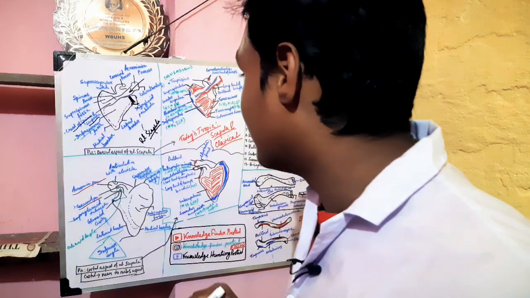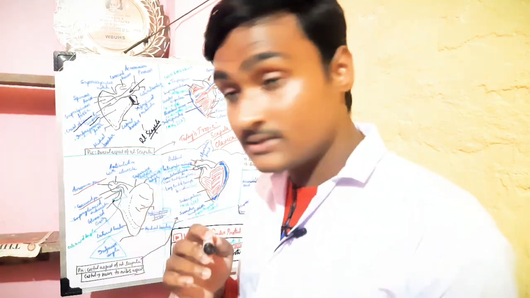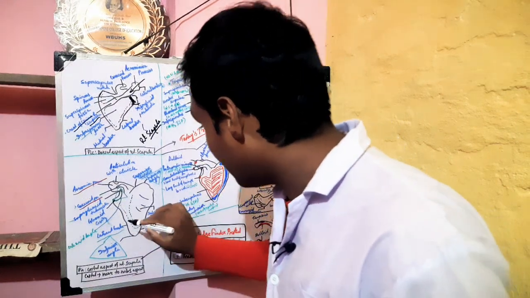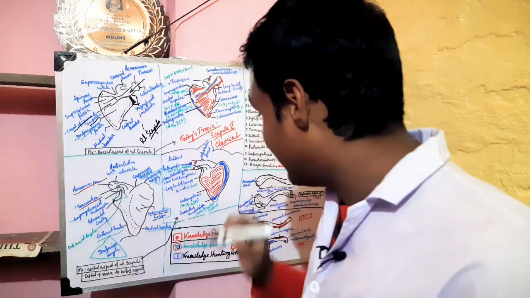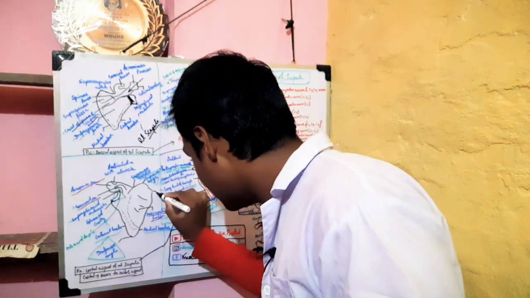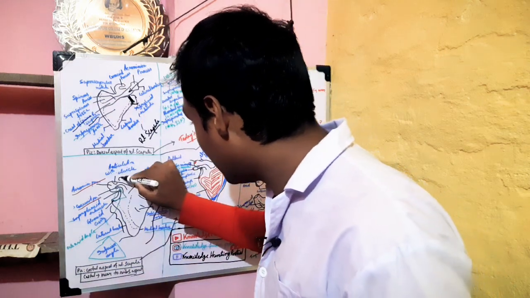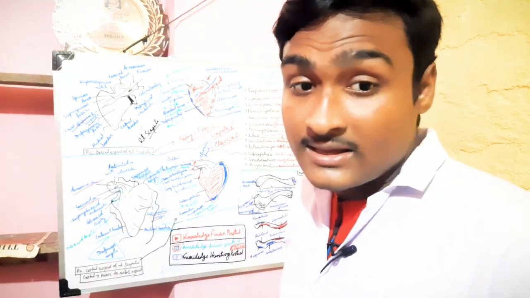The scapula has three borders, three angles and three processes. What are the three borders? The lateral border, the medial border, and the superior border. Then the scapula has three angles.